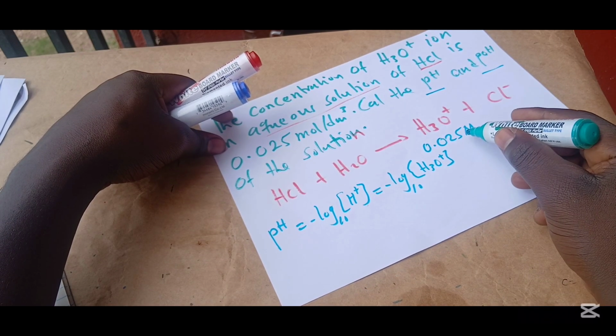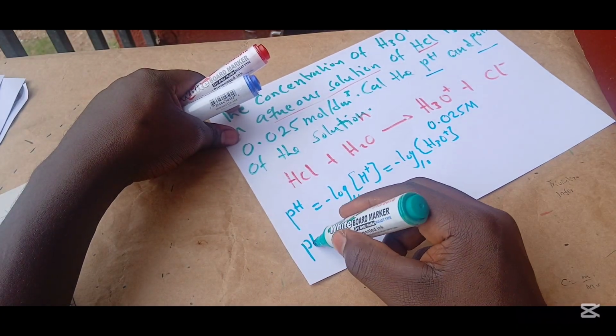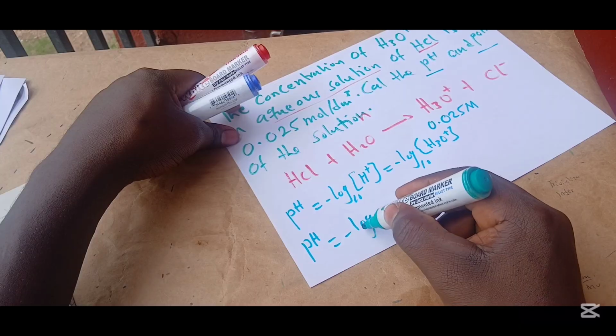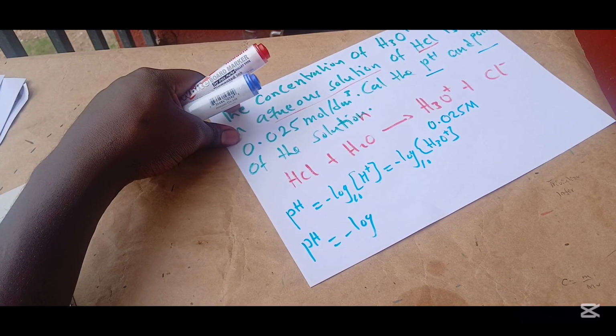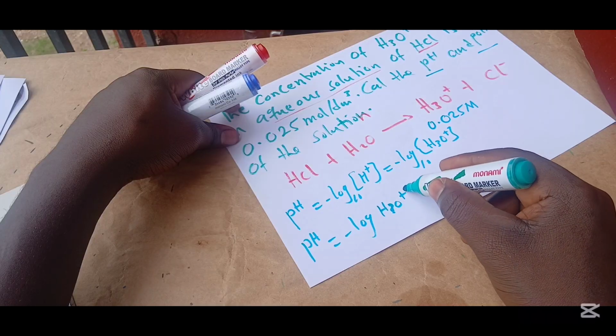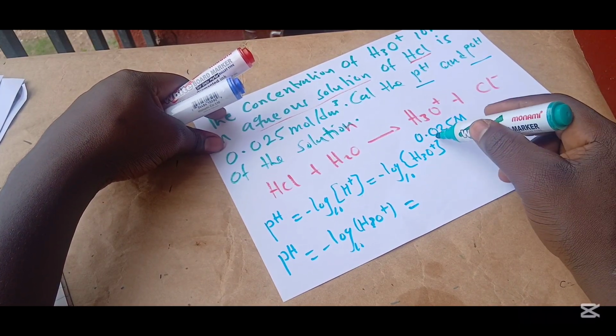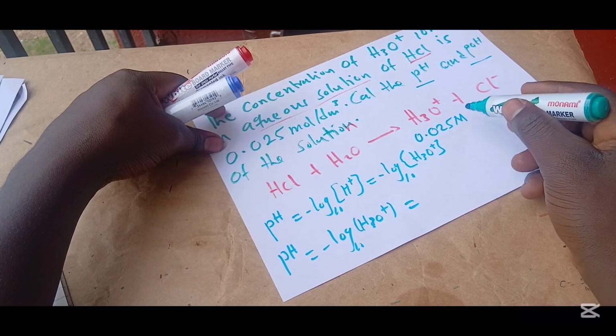Here we are dealing with H3O plus ion concentration, so pH equals negative log of the H3O plus ion concentration, which was given to us as 0.025 molar.